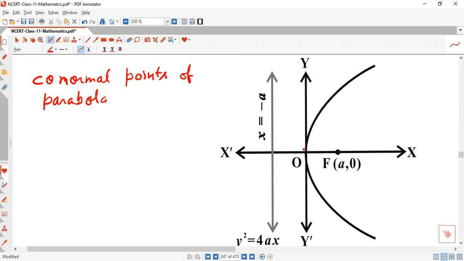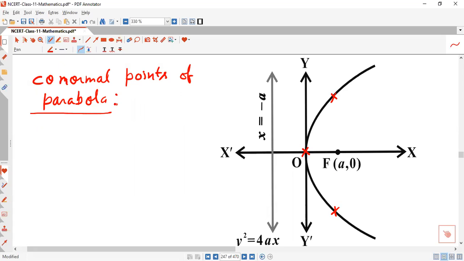I am making these 3 points here. These 3 co-normal points are there. If we draw the normals on these 3 points, they are concurrent.